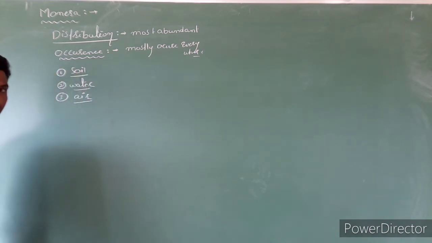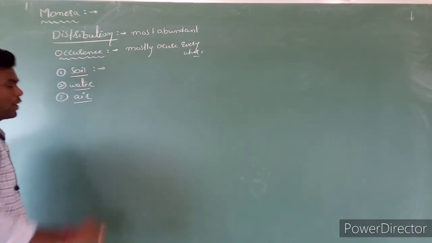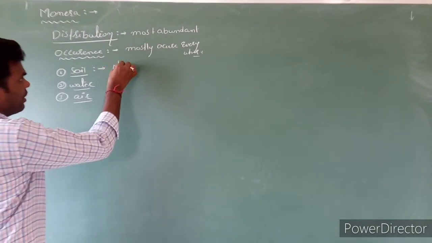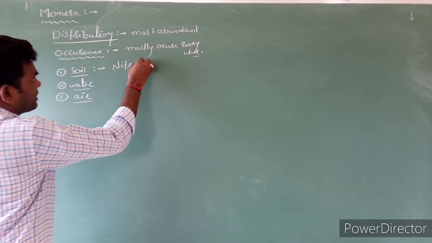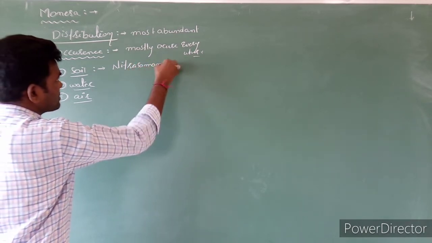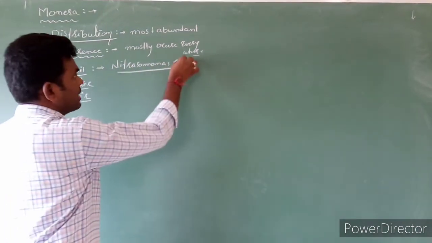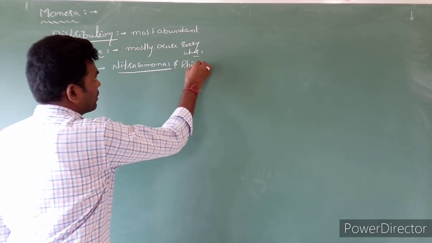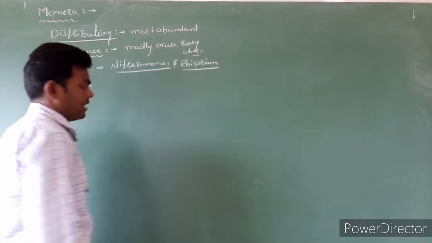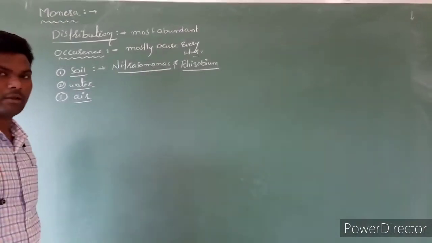Bacteria are present in soil as well as in water, and air also. In soil you can notice a number of different types of microorganisms. For example, Nitrosomonas bacteria as well as Rhizobium bacteria; these two bacteria occur in soil.